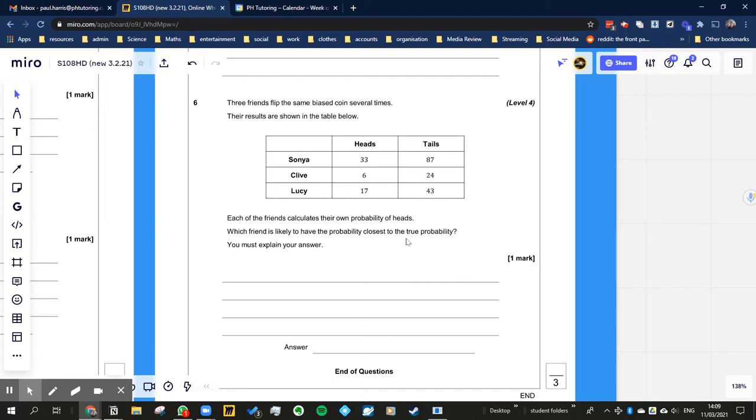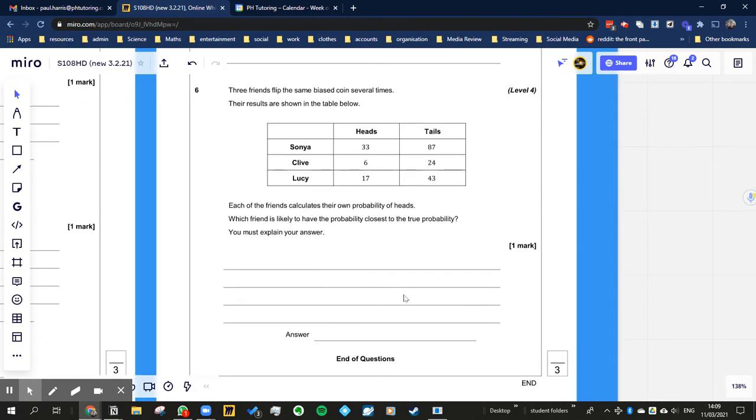Well, clearly that's wrong. Whereas if I did it a million times, then it's going to approximate much more closely to 50-50. So the more repeats you get, the more reliable it's going to be. So the person with the highest accuracy, closest to the true probability, is going to be Sonia. And yeah, so I just explained the answer.